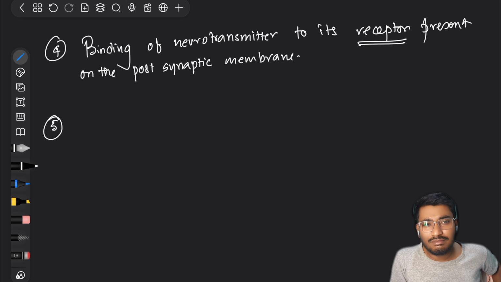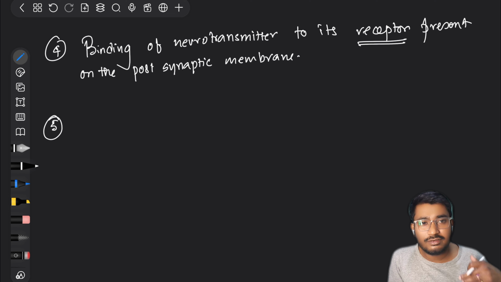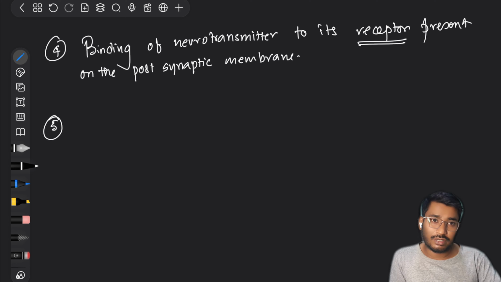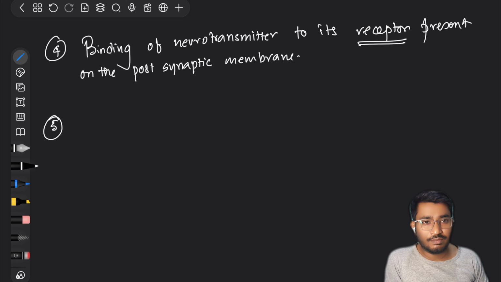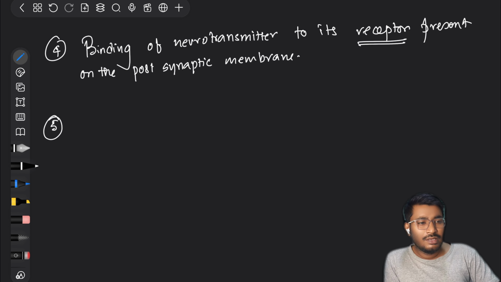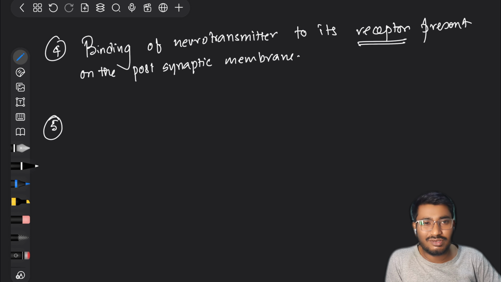They give numerous tests, then find what happened. They don't have the clinical eye to detect what the problem in the patient is. Why should I give this test? Why not? They don't have this type of clinical knowledge, because they just study to pass the university exam. If you get the clear concept, your university exam can be passed by writing the answers on your own. You don't have to memorize the textbook words.